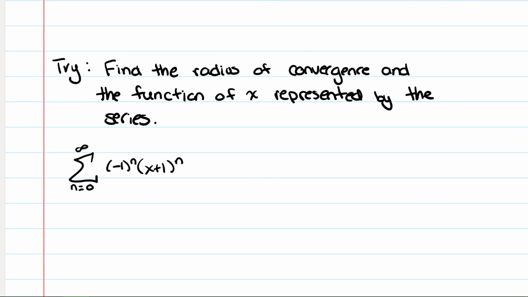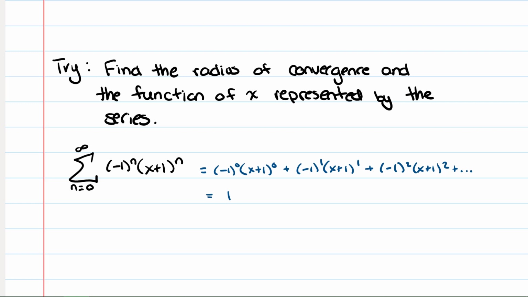All right, so here we go. So the first thing I'm going to do is write out a couple terms. So I get (negative 1) to the 0, (x plus 1) to the 0, plus (negative 1) to the 1, (x plus 1) to the 1, plus (negative 1) squared, (x plus 1) squared, and so on. So I can see my first term is just going to be 1.